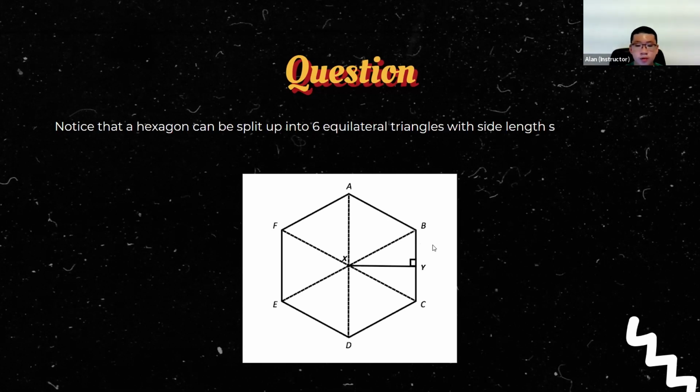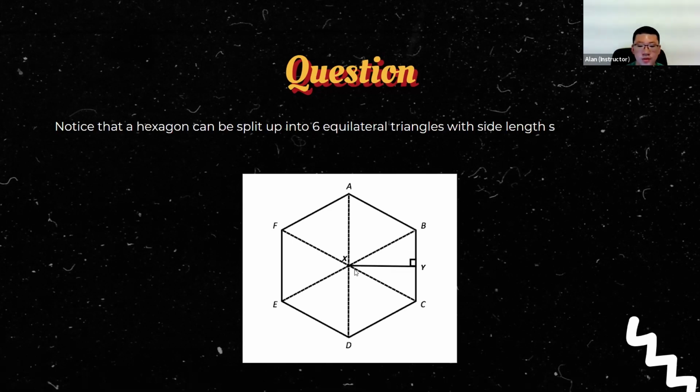So one of the legs of each of the 30, 60, 90 triangles is going to be 1/2 s. And the other leg, or the altitude of the equilateral triangle, is going to be root 3 over 2 s.